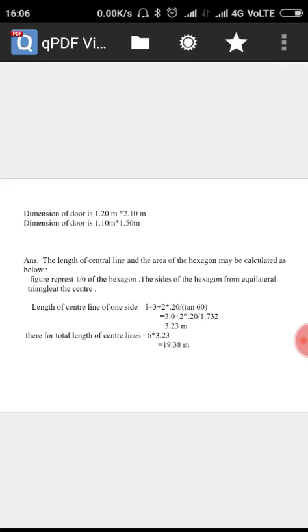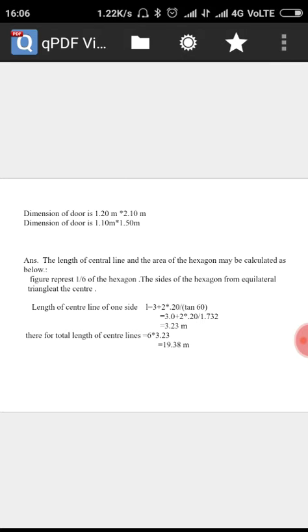There are six sides in the hexagonal room, so the total length is calculated by multiplying by 6. Total length of center line is 6 into 3.23, that is equal to 19.38 meter.